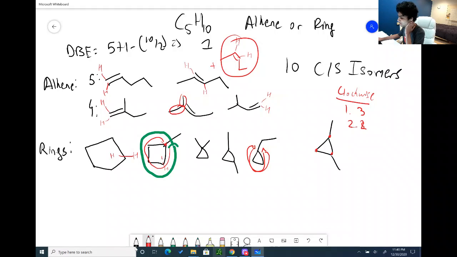But if you go counterclockwise, the first carbon you encounter is secondary, and the second carbon you encounter is tertiary. So these are different pathways, and thus you can say that there are two different groups. So you have a methyl group here, implied hydrogen, and different pathways. So this one is chiral.